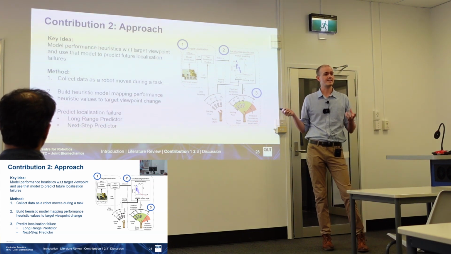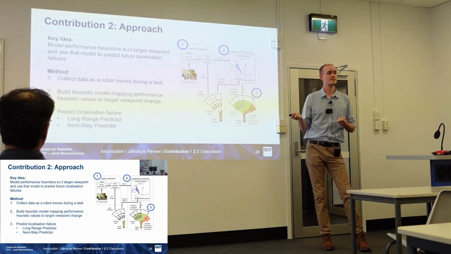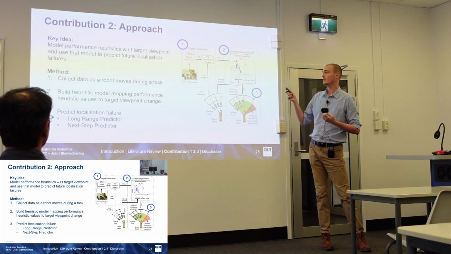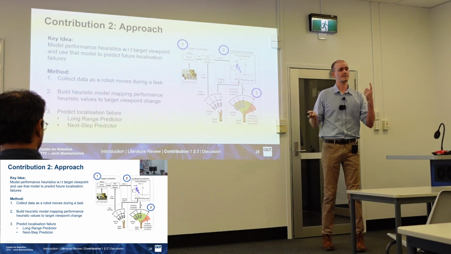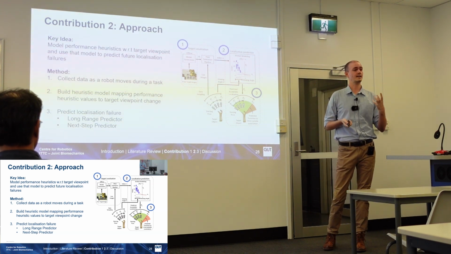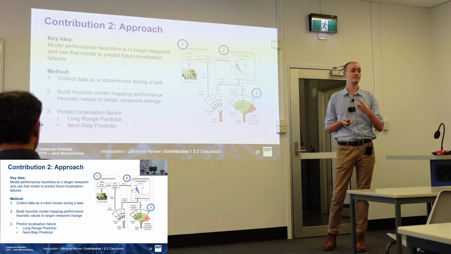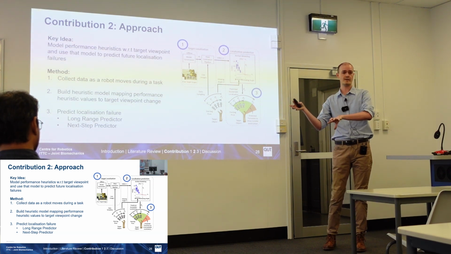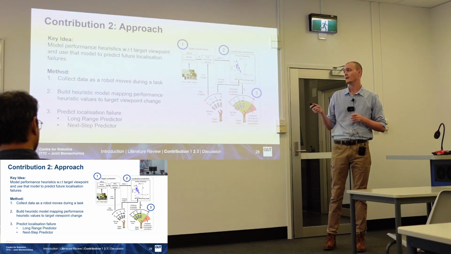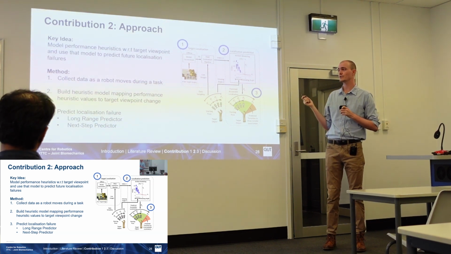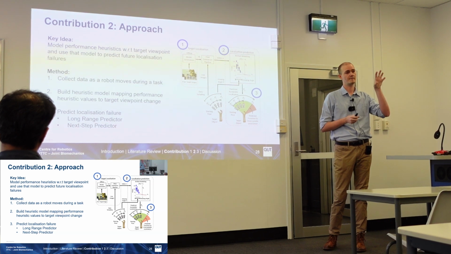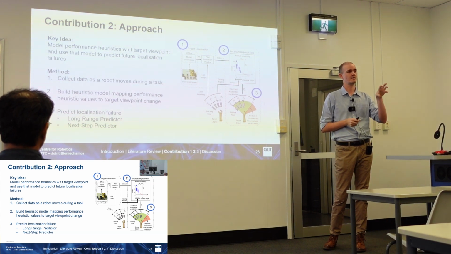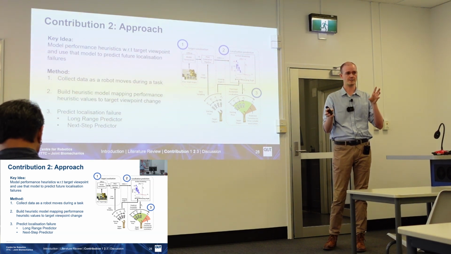Again, we build on top of the same 6 degree of freedom pose estimation system that we used in our previous work. This time, we only use a single heuristic, which is the number of RANSAC inliers returned for each of our target pose estimates. So the robot collects that along with information about its own motion. In our second stage, we build a heuristic model that maps the values of that performance heuristic with changes in target viewpoint.